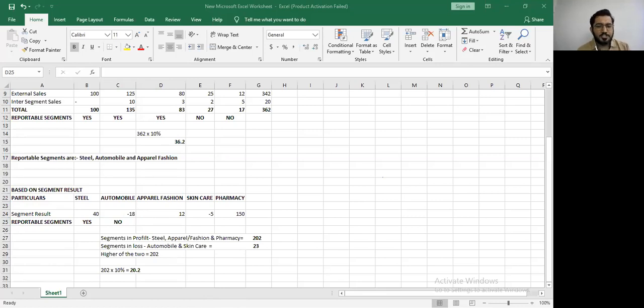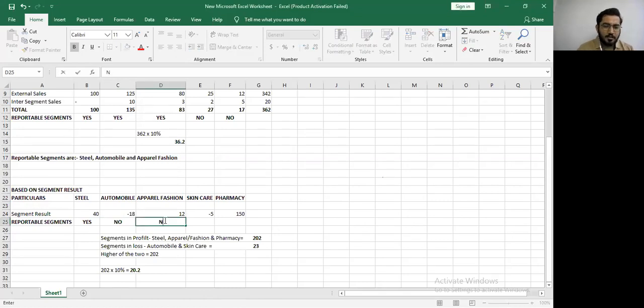What about apparel fashion? Again, your 10% criteria is 20.2, but the apparel fashion has only a profit of 12.